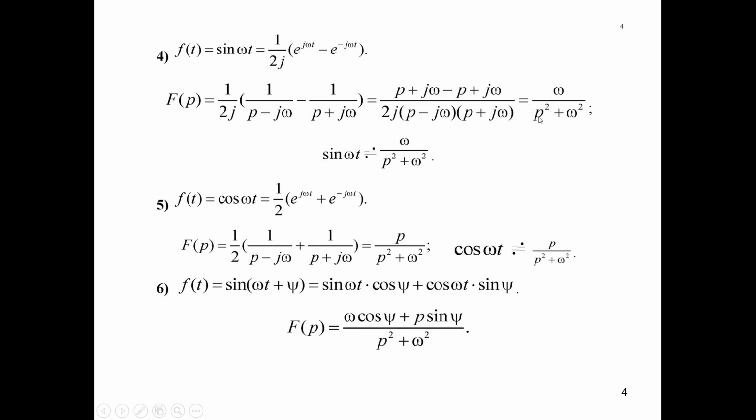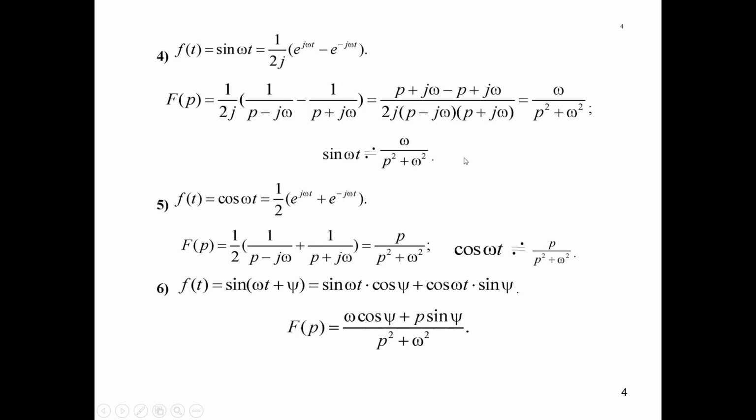So we have here p power 2 plus omega power 2. So we can write that the operational image of the sinusoidal function, sine omega t, is equal to omega over p power 2 plus omega power 2.